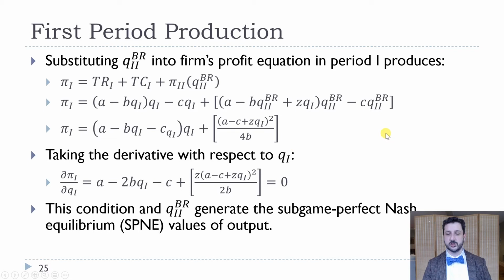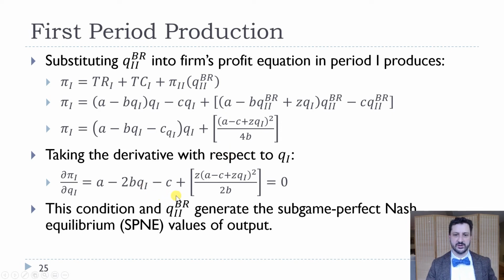And so when we substitute in for that amount, that (A minus C plus ZQ1) over 2B, this is what we get. And so we get the normal first period, (A minus BQ1 minus C) times Q1, plus this extra term. And so that extra term is the profit in period 2 in terms of Q1.